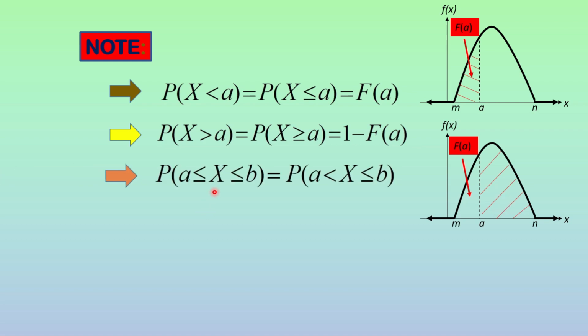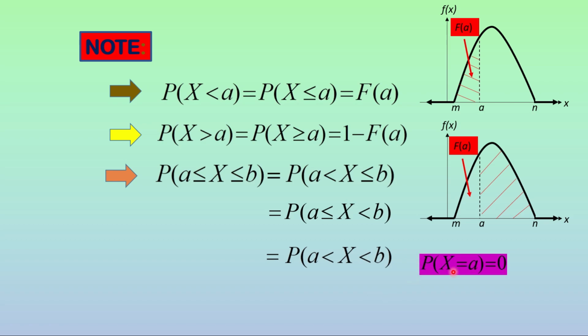Next, the probability of X from a to b is the same with these three forms. Can you still remember the probability in the PDF? The probability at x equals a is equal to 0. So, the probability is obtained from F(b) minus F(a).